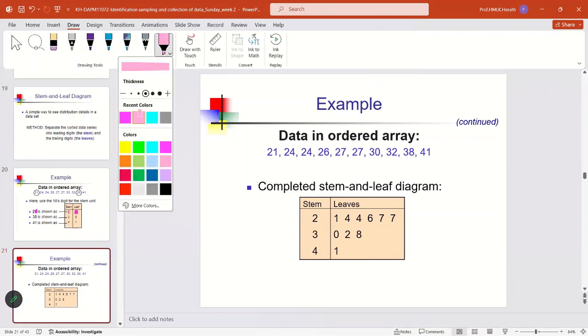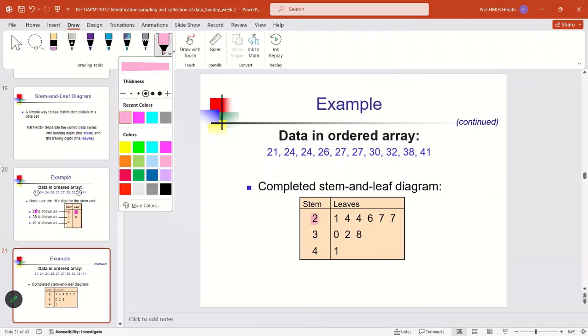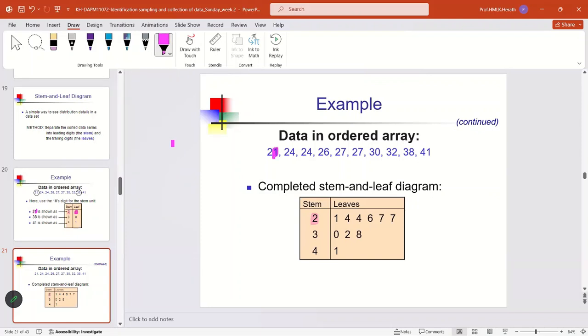So these are the leading digits. Now we have 20, 21 is 1, 24 two times, 26 again, 27 two times. So we have six 20s here, three 30s here and one 40s.